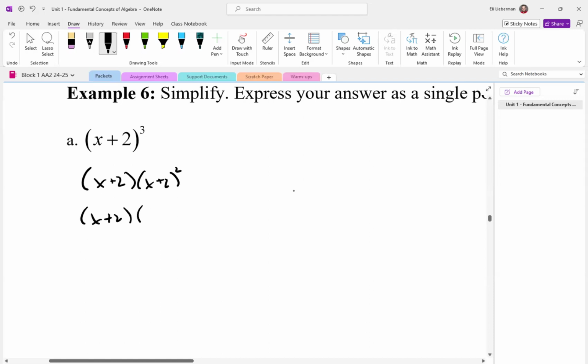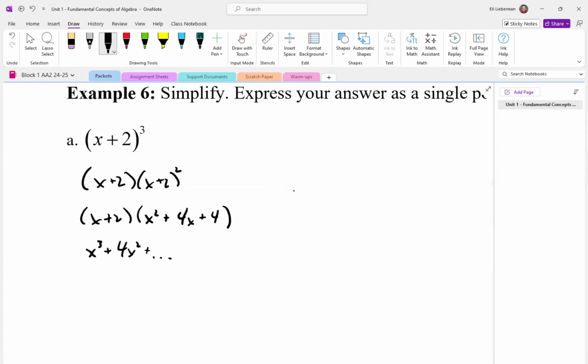For some reason, for me, that just feels better. We know that x plus 2 quantity squared is x squared plus 4x plus 4. And now we use distributive property. So I'm going to say x cubed plus 4x squared plus dot, dot, dot, because I know you know how to do it.